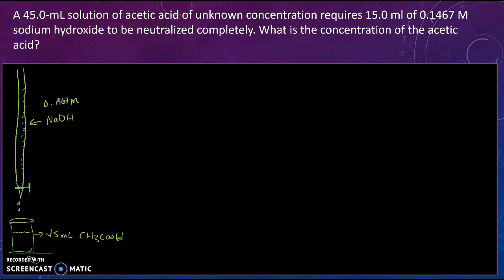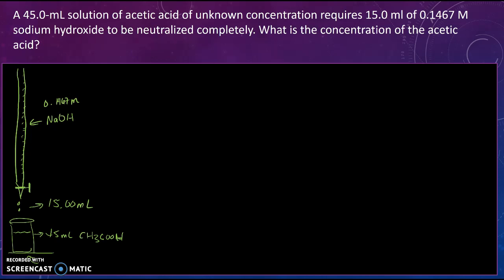But we're going to know when it's neutralized. It's a very specific point, and we're going to know the volume. Actually, I probably should use more sig figs. Let's just say that's 15.00 milliliters. Burettes can measure volumes out to the hundredth of a milliliter, so we're going to know very precisely how much sodium hydroxide we added.